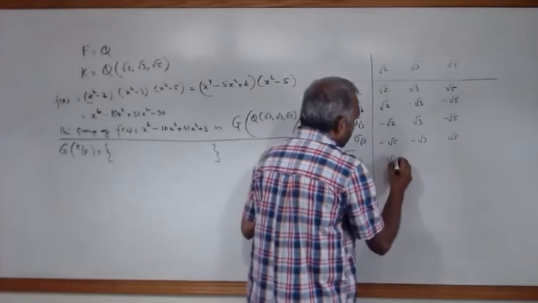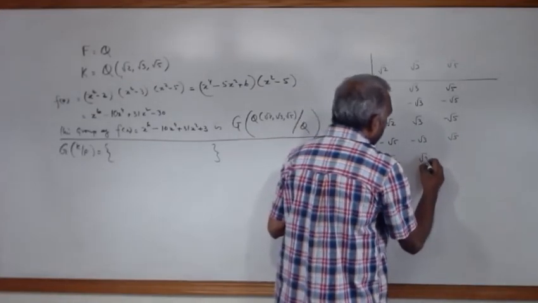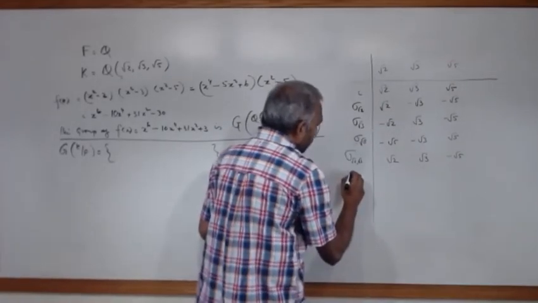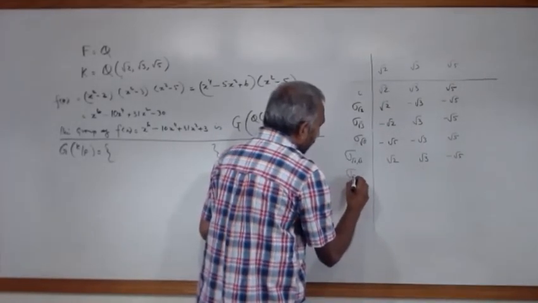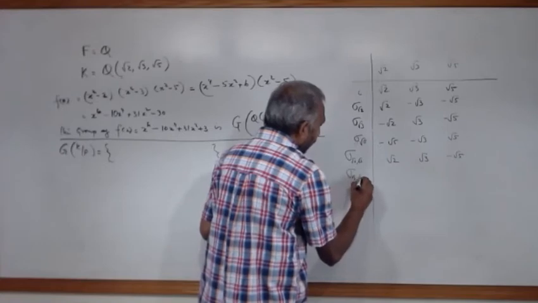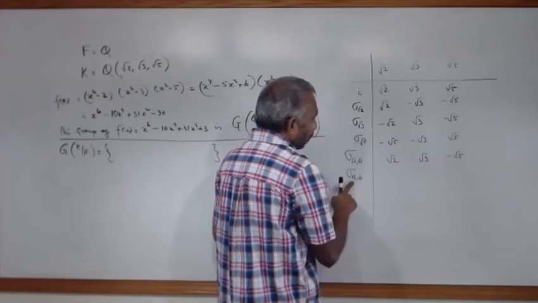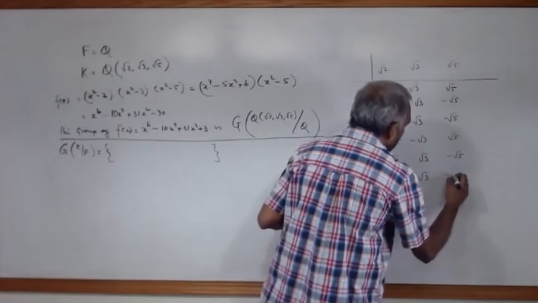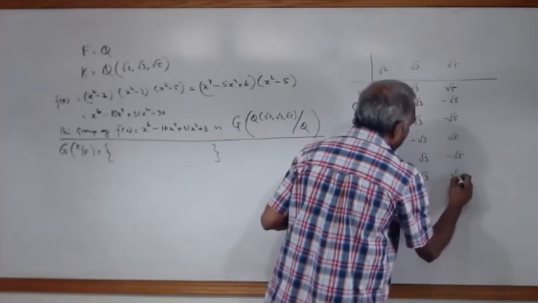So this will be root 3, root 2, root 3 minus root 5. Next one is root 3 comma root 5, where only root 2 is changed. Root 3 comma root 5.